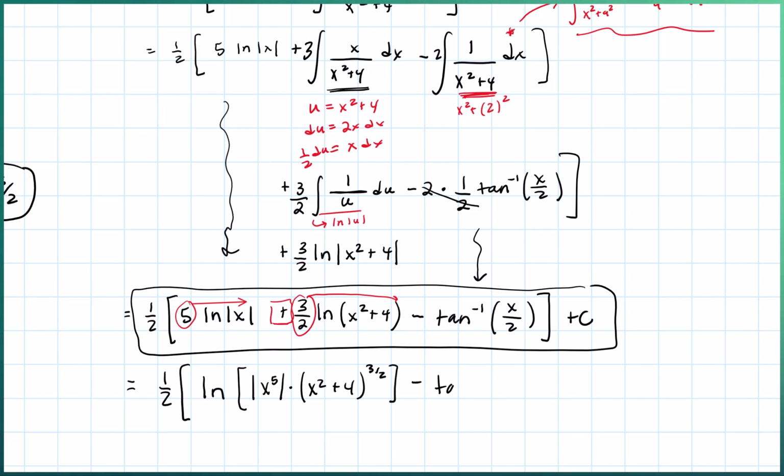And then we've got our inverse tangent, or arctan if you prefer that notation, x over 2 plus c. So just as a side note, we could use some algebra to bring those terms together.